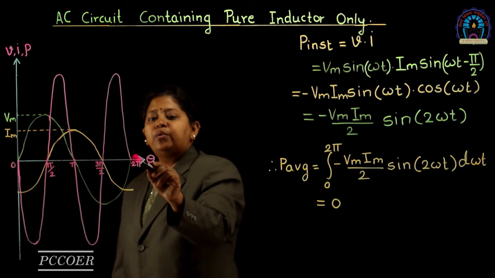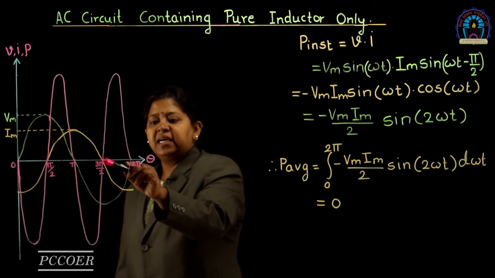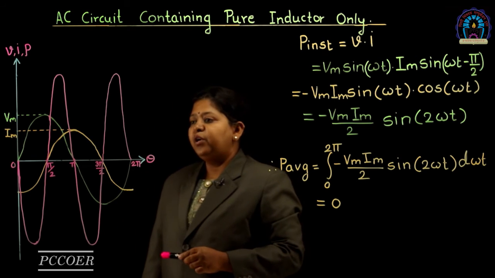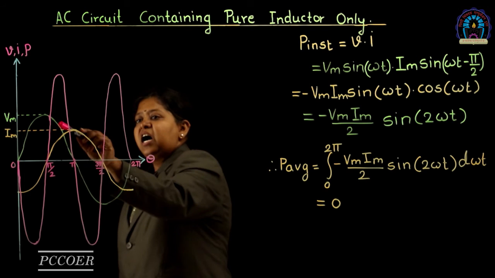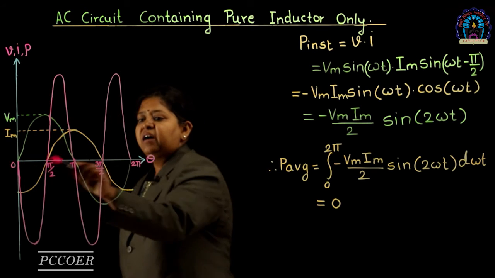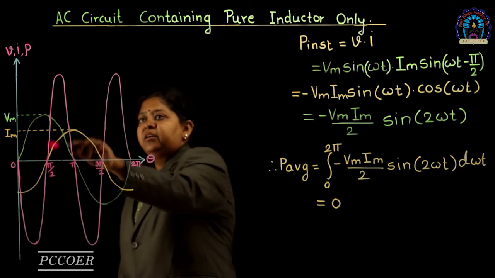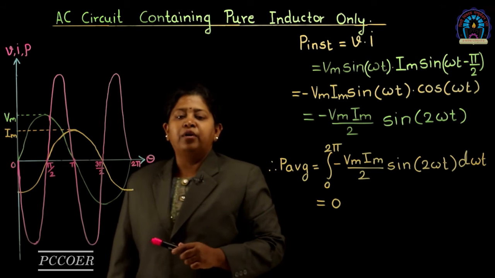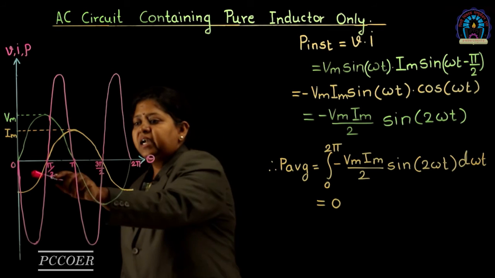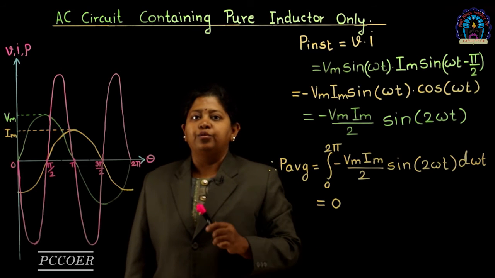Between 3 pi by 2 to 2 pi, the product is positive as both current and voltage are negative. So it can be observed that for half cycle duration the power is positive and for remaining half cycle duration the power is negative. Positive power means the power is supplied from source to load, that is to the inductor, whereas negative power means the power is supplied from inductor to the source.